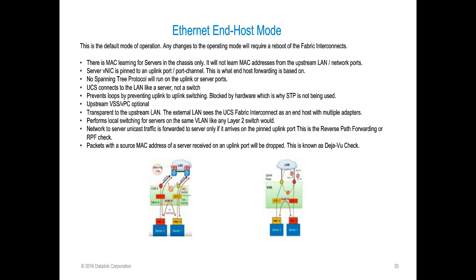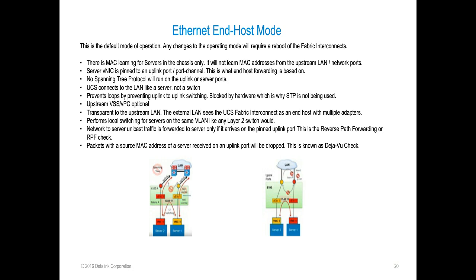And it supports upstream virtual port channels. It's also transparent to the upstream LAN. The external LAN sees the UCS fabric interconnect as an end host with multiple adapters rather than the elaborate setup that you normally see. It performs local switching for all the servers on the same VLAN like any layer 2 switch.